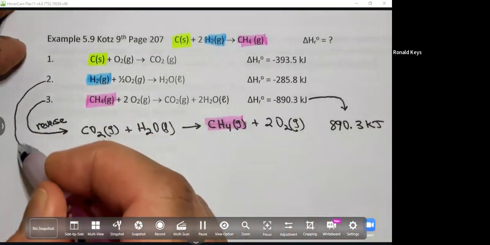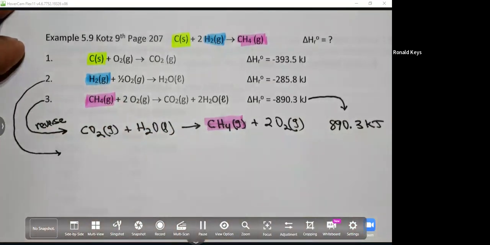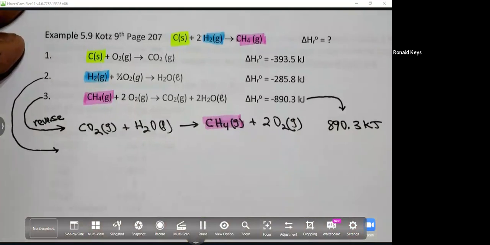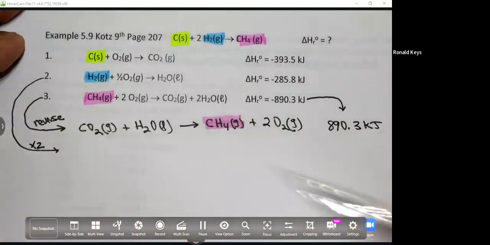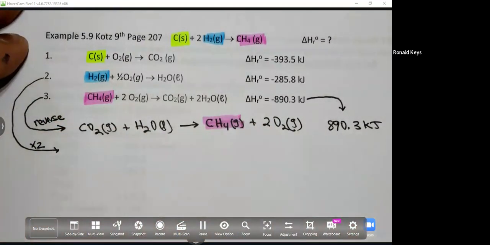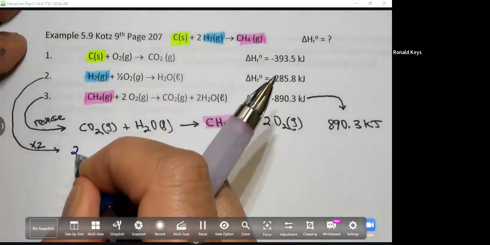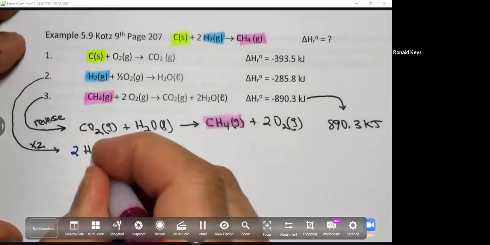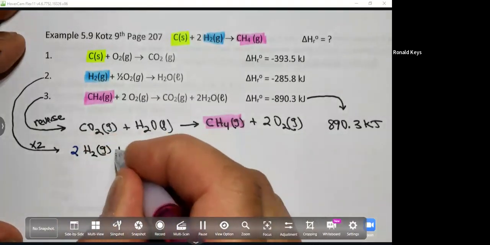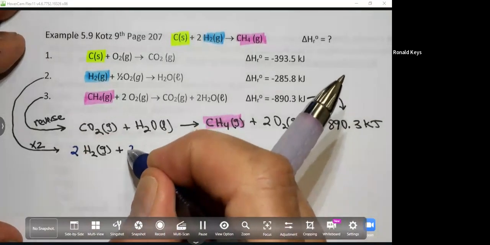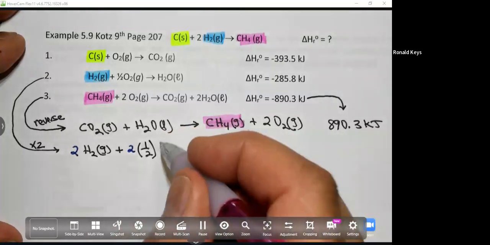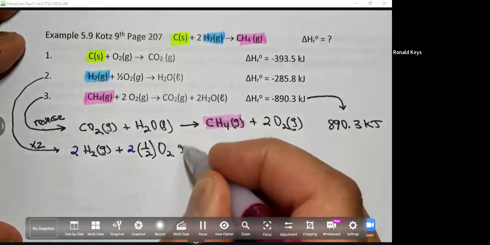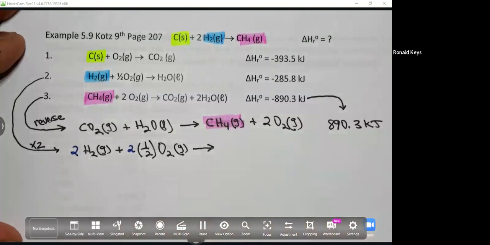Now, reaction 2, what do we need to do to this? You're just going to multiply it by 2, right? There's a 2 right here that we don't have, so we're going to multiply everything through by 2. I wish I could try it. Colors don't show up. 2 times H2 gas plus 2 times 1/2 O2 gas gives water liquid.